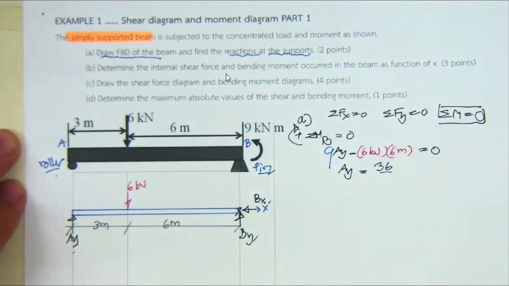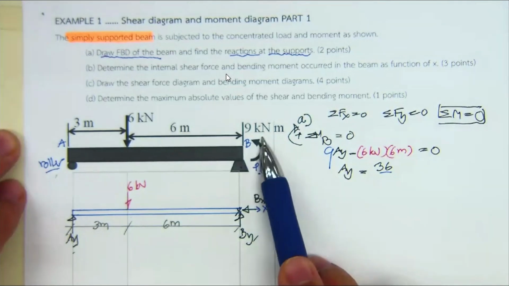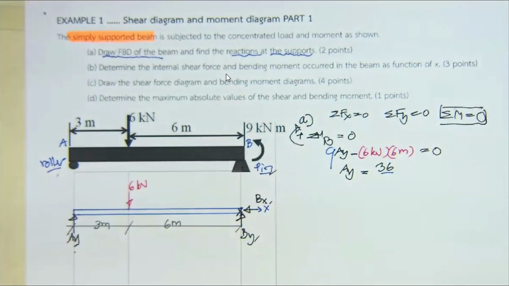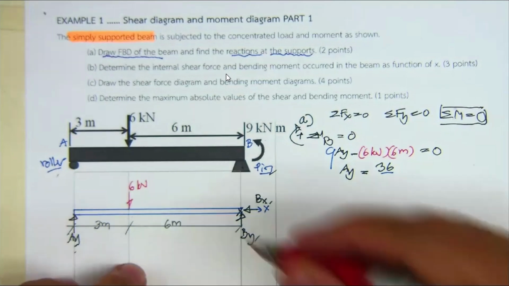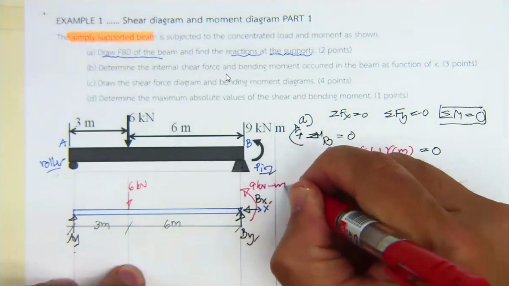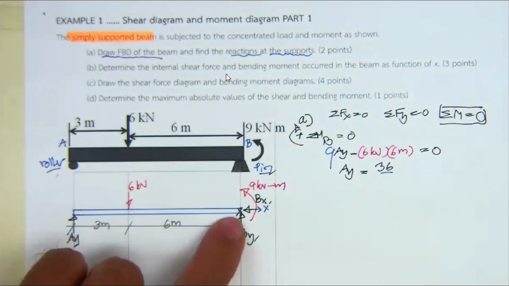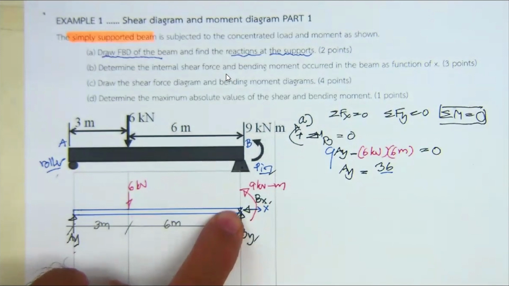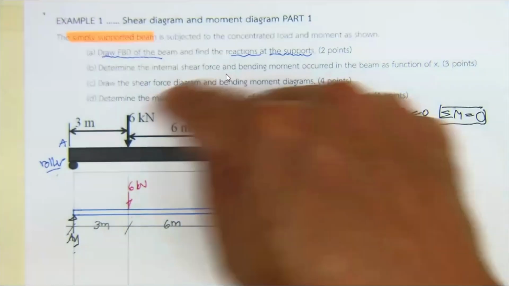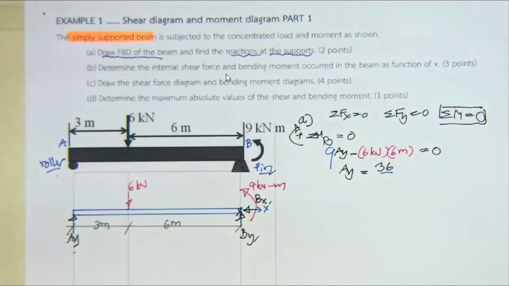Okay, and then, oh, I forgot one thing. I forgot what? 9 kilonewton meter. So you cannot just set the summation to be 0. You have to be very careful. You have this 9 kilonewton meter. Okay. The incomplete free body diagram will cause you problems. So you have 9 kilonewton meter in this counterclockwise direction.